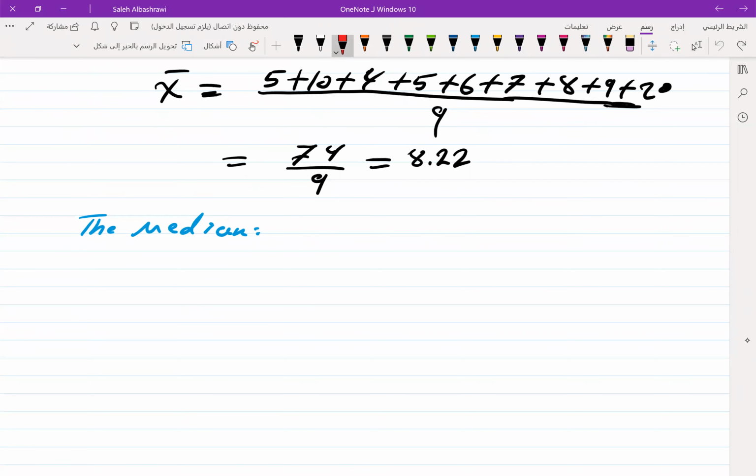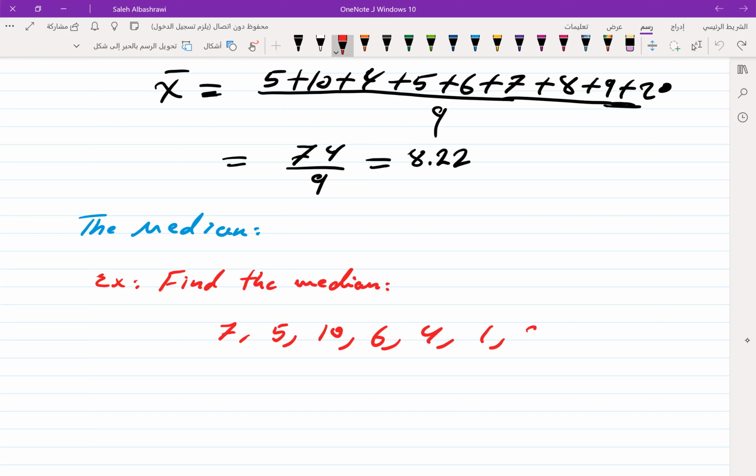For example, find the median. The numbers 7, 5, 10, 6, 4, 1, 12, 13, 15, 63.